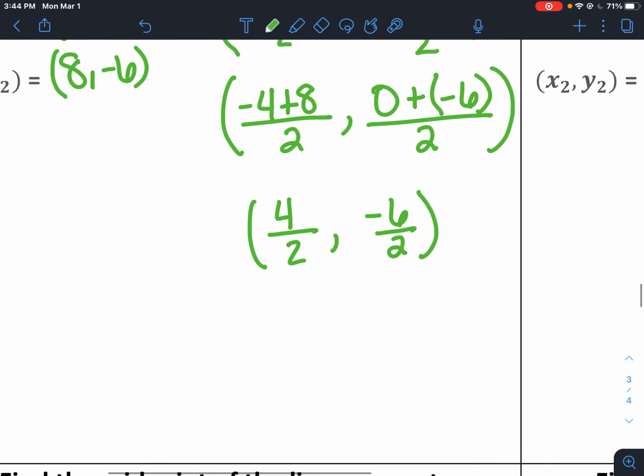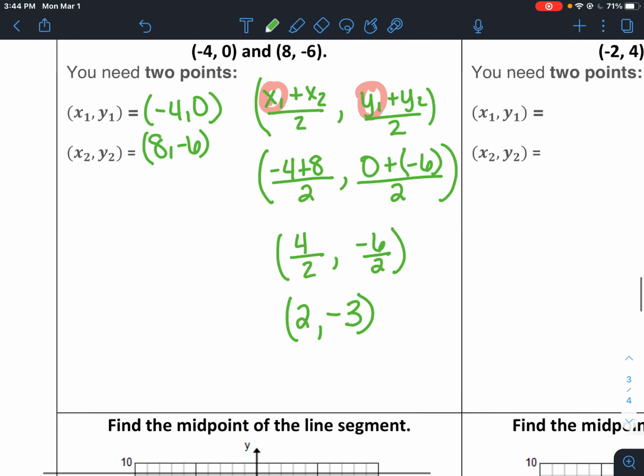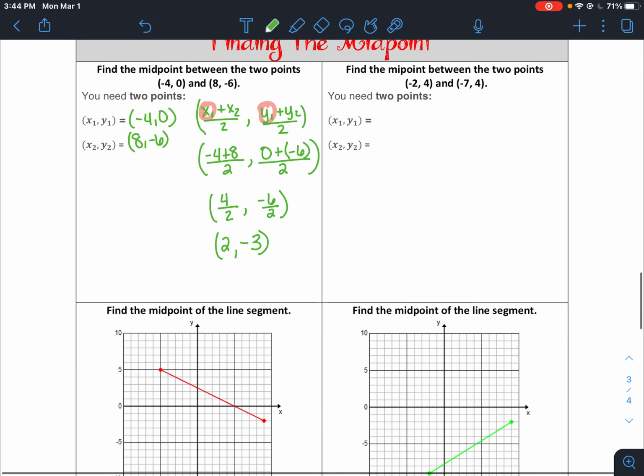Now it's very hard for us to graph fractions, so we do want to reduce these. 4 divided by 2 is 2, and -6 divided by 2 is -3. So 2, -3 is going to be halfway between those 2 points.